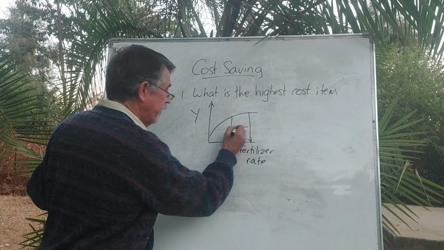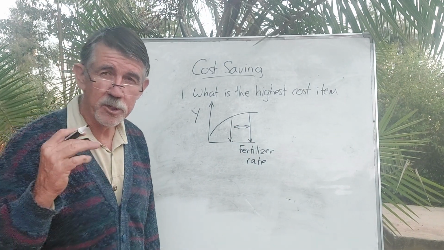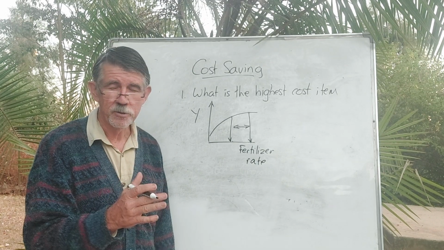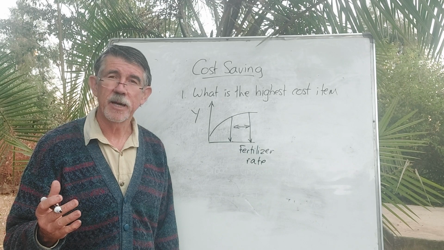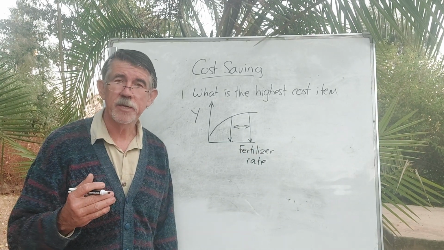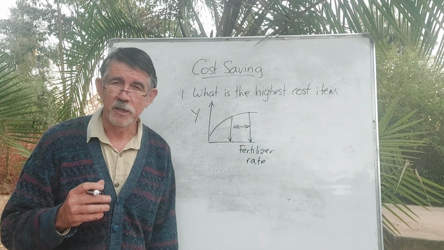So look carefully at your costs. Begin with the most expensive ones and look at, can I eliminate it? Yes, no. If I do eliminate it, what effect will it have on my output? Or can I reduce it and become more efficient, more economical in those costs?